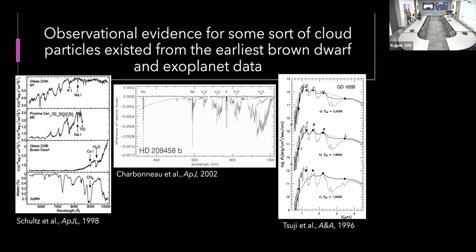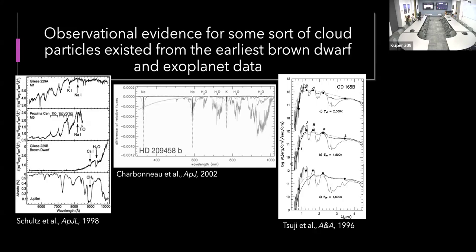Whereas if you look at the M dwarfs, you are seeing these strong lines from things like TiO. And so that was used as an inference of maybe these things are condensing out because this atmosphere is too cool, and so we're not seeing the gas phase particles of these.